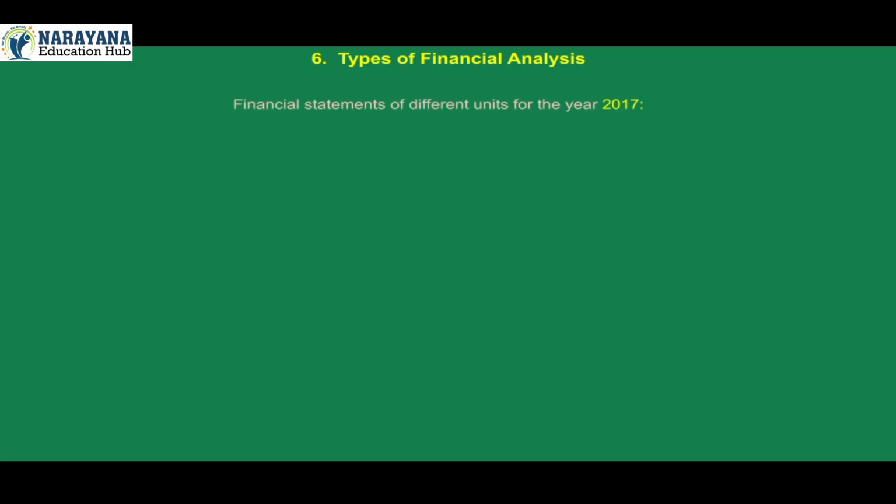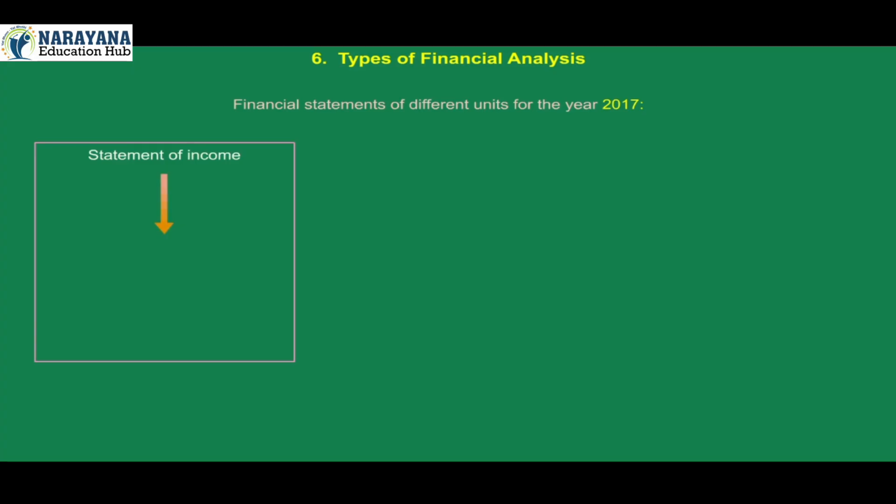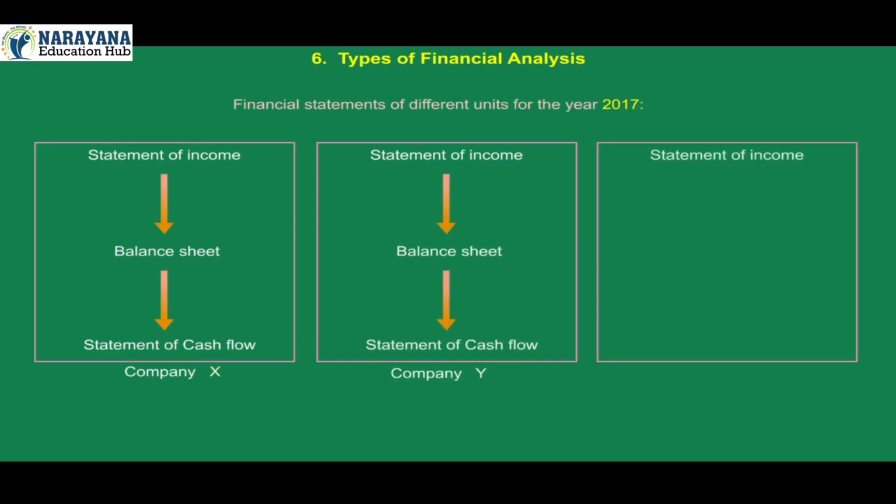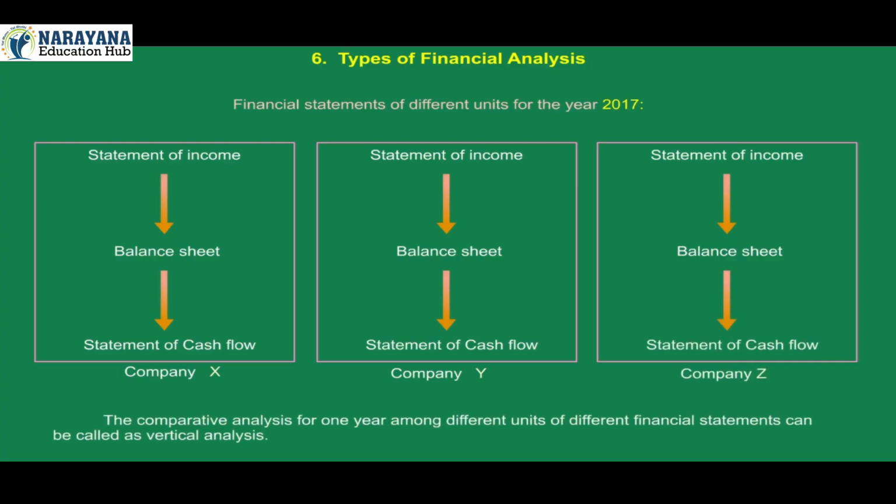Financial statements of different units for the year 2017: statement of income, balance sheet, statement of cash flow for Company X; the same for Company Y; and the same for Company Z. The comparative analysis for one year among different units of different financial statements can be called vertical analysis.